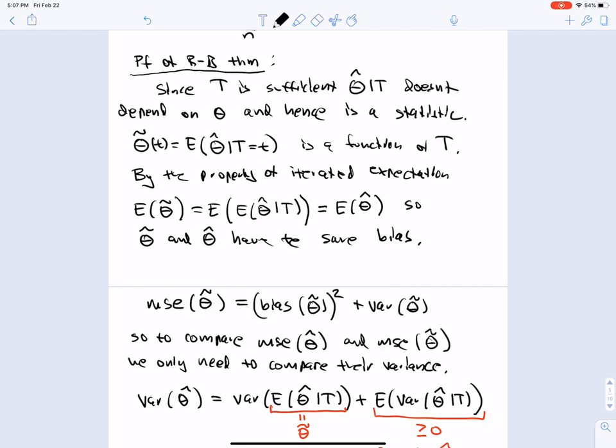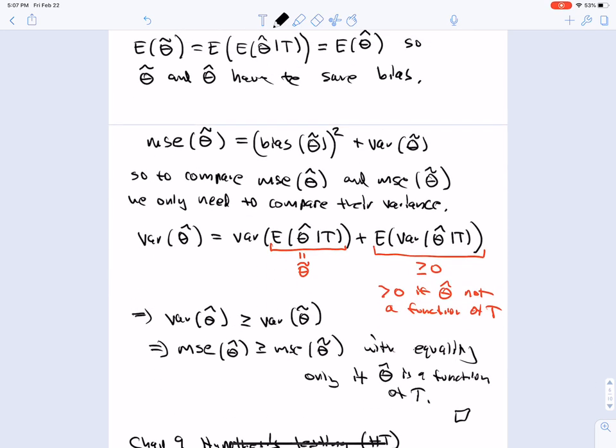So theta twiddle and theta hat have the same bias, and hence, since MSE is bias squared plus variance, we're going to show that the variance of theta twiddle is smaller than the variance of theta hat.